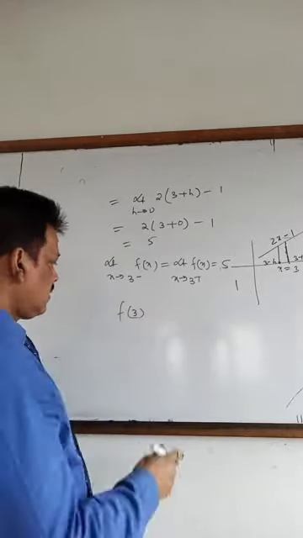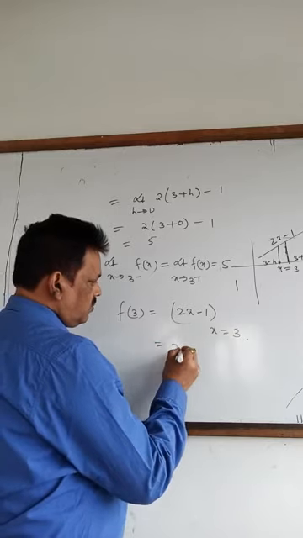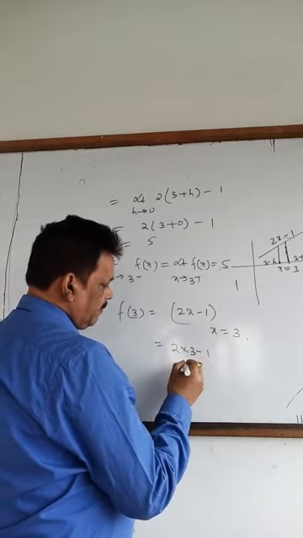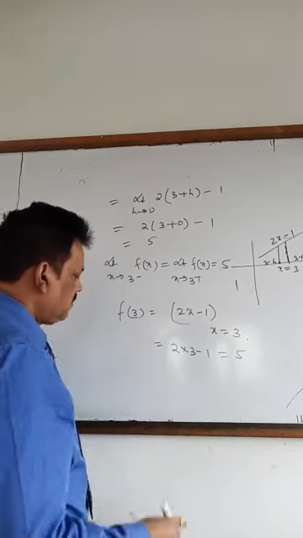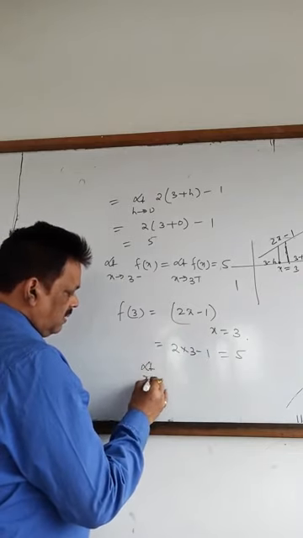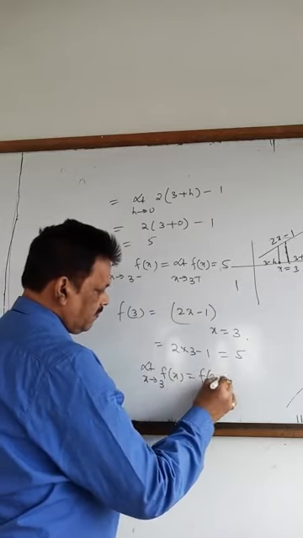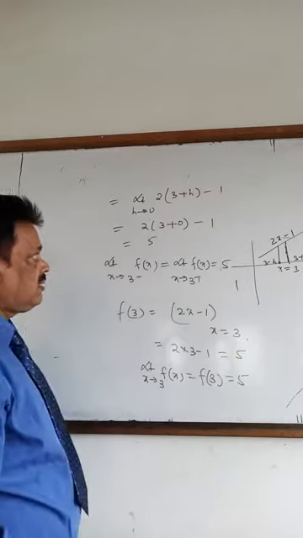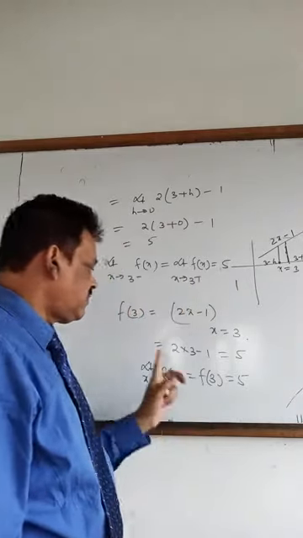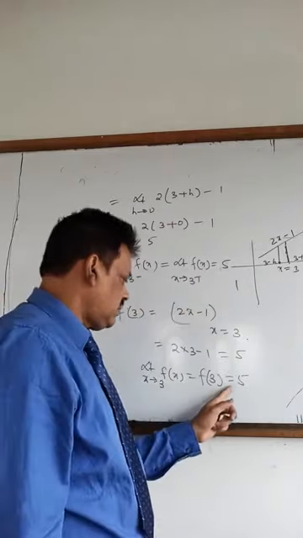So put 3 in place of x, that is 2 into 3 minus 1, that is also 5. That means you got limit x tends to 3 of f(x) equals f(3) which is equal to 5. So all the conditions are satisfied, then you check the graph is continuous. So this implies f(x) is continuous at x equals 3.